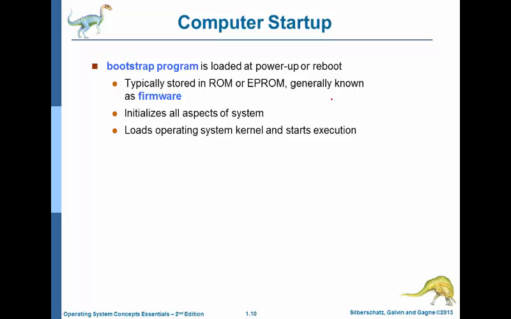At first, the operating system is stored on the hard disk drive. Somebody needs to bring that operating system up into main memory. After that, the operating system can handle all the rest.